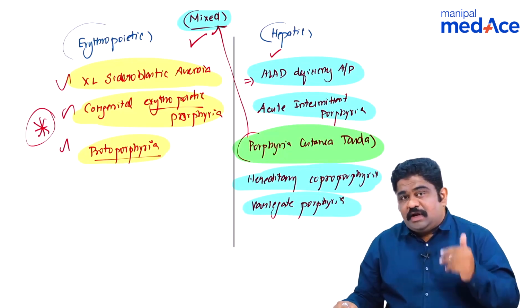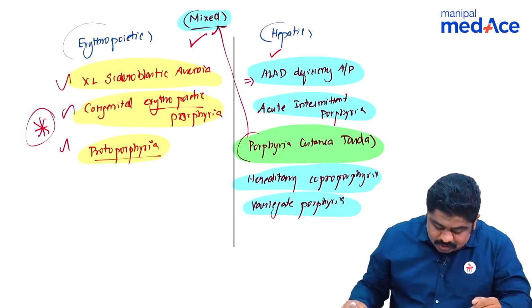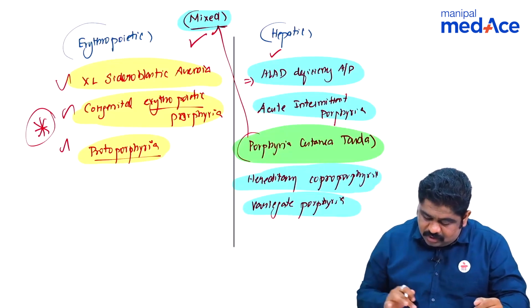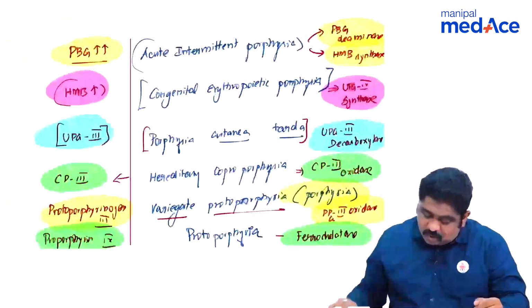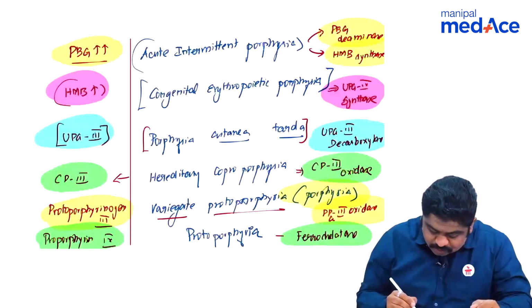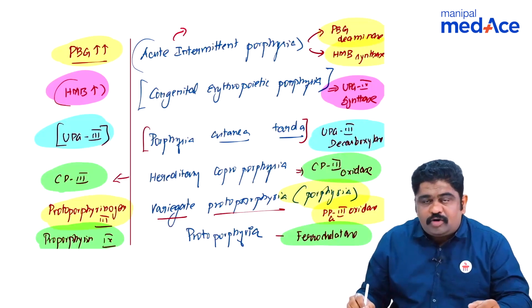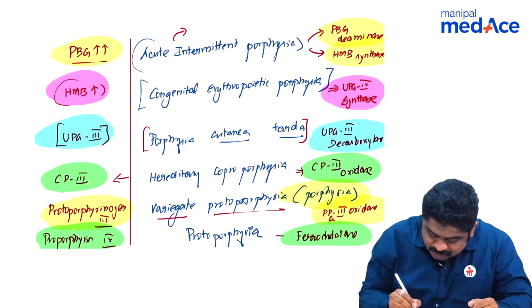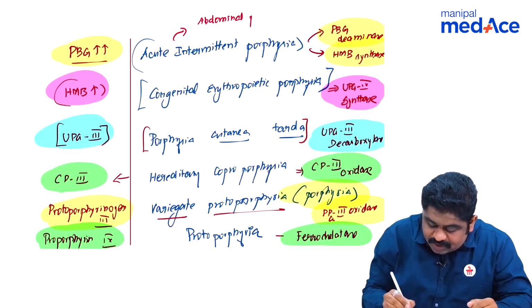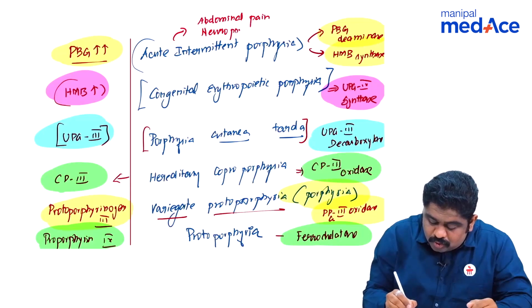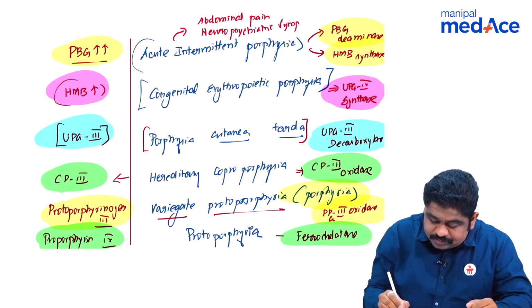The type of clinical manifestation you see will be different. Now look at this. We will be having a discussion on which one causes what kind of problems. In case of acute intermittent porphyria, you have not still formed a porphyrin ring. So you will be having abdominal pain and neuropsychiatric symptoms.